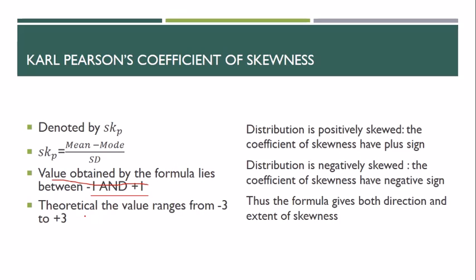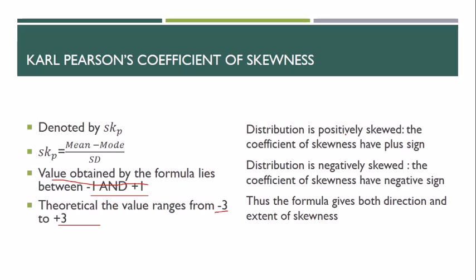In theory the values range maximum from -3 to +3, but in practice, if you do a problem or take real life examples, mostly the values lie between -1 and +1.